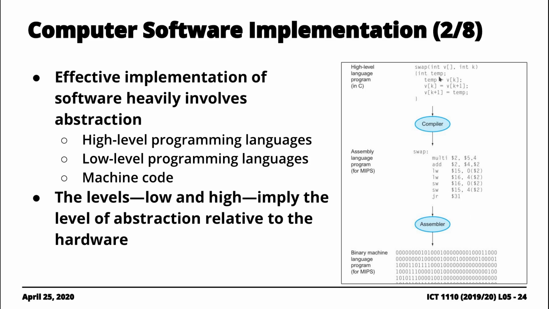This is in English, by the way. So words like temp, for instance, it's much easier for you to understand these things rather than this stream of ones and zeros, for instance, or things like LW and add and JR, right? You'd only be able to understand what this is if you actually thoroughly studied MIPS, which we do once we look at the computer architecture component of the course, right?